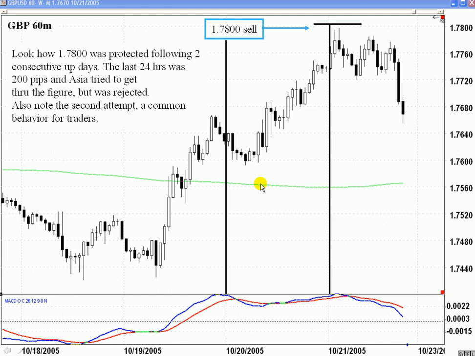Another 1-hour chart. Price comes up here, 7,600 is the base of support, and we move all the way up to 7,800, double top at 7,800, and fall.